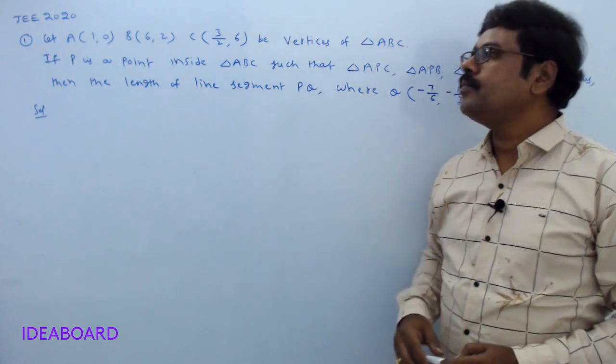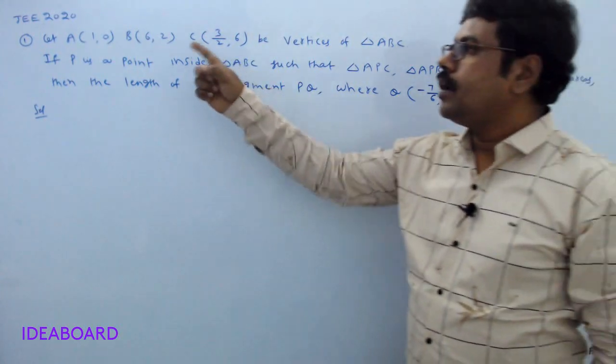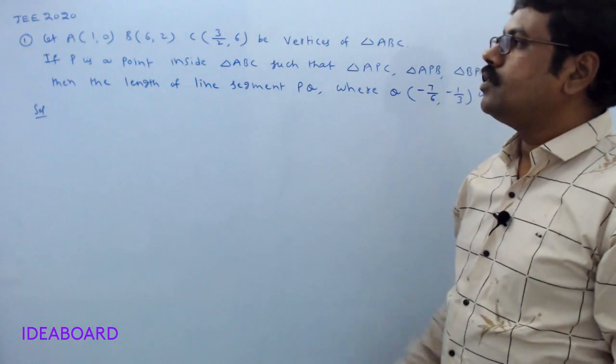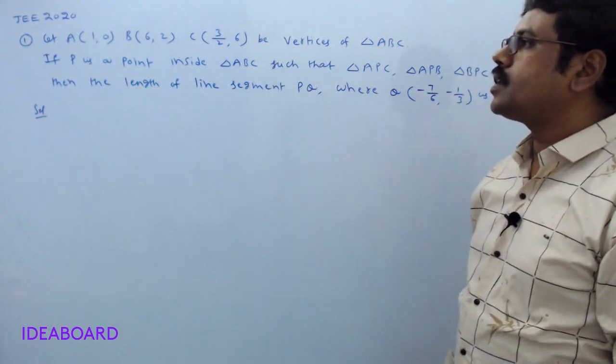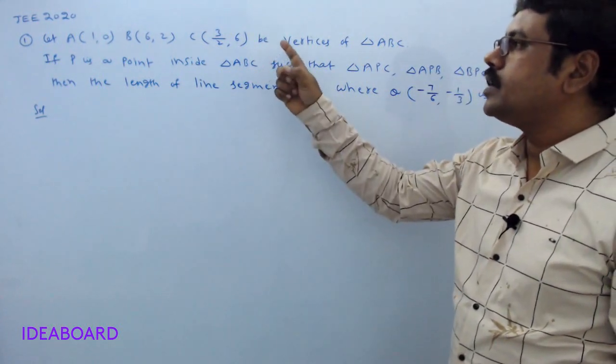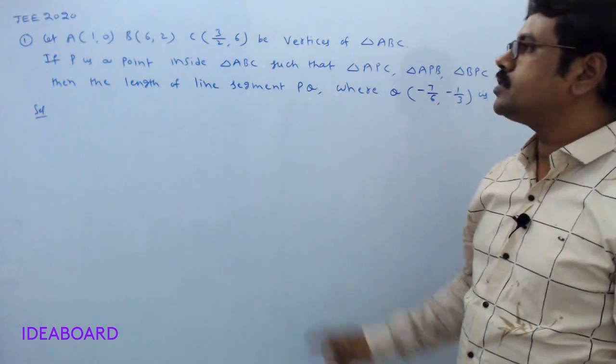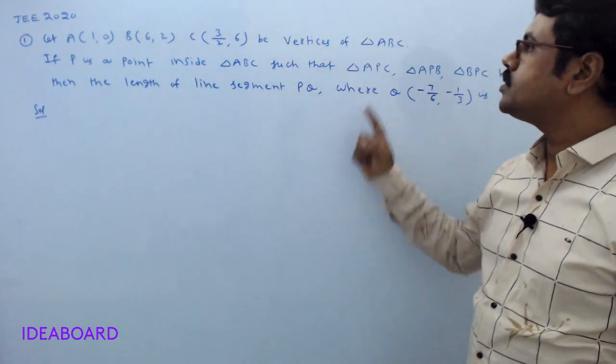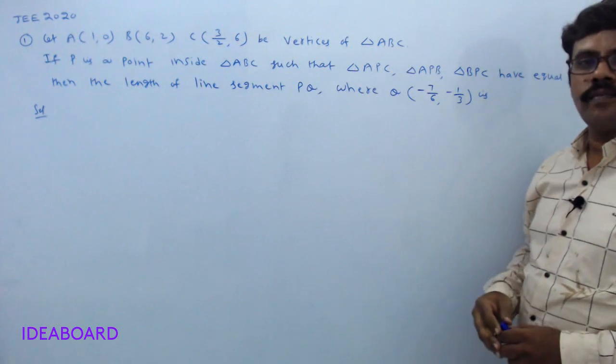Come to the first problem. A point coordinates are (1, 0), B point coordinates are (6, 2), C point coordinates are (3/2, 6), which are the vertices of triangle ABC.